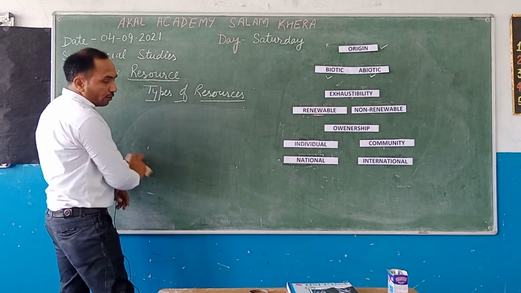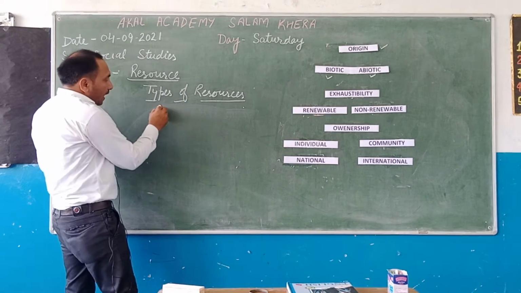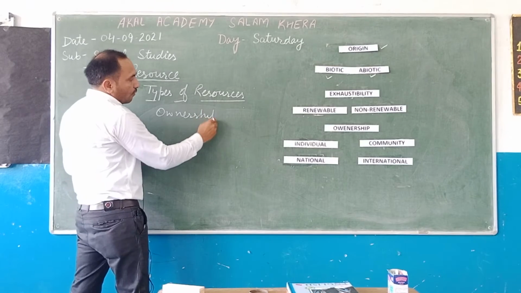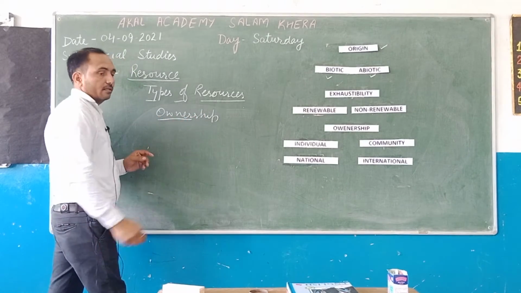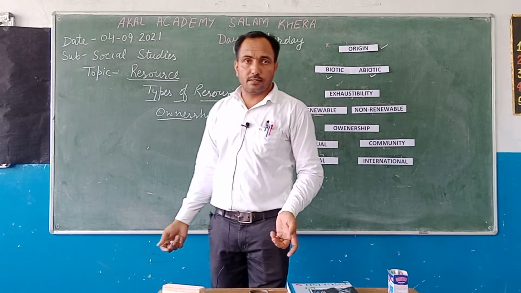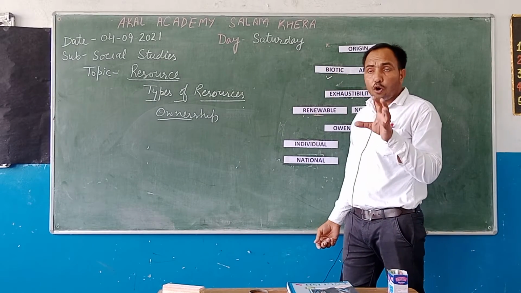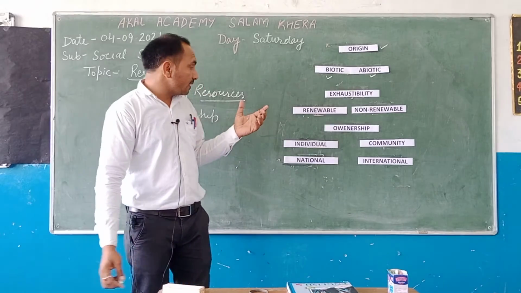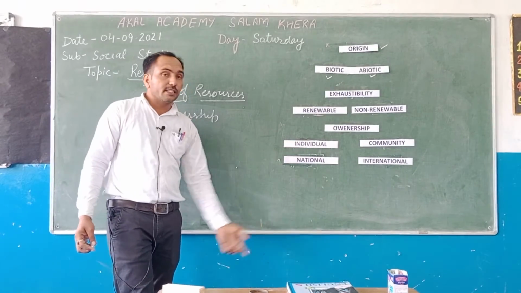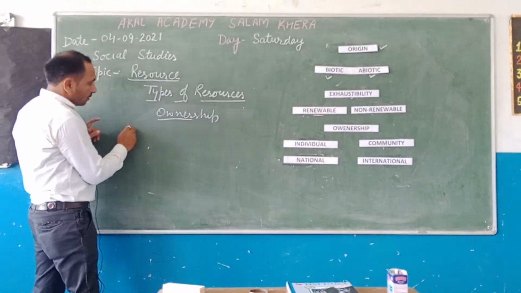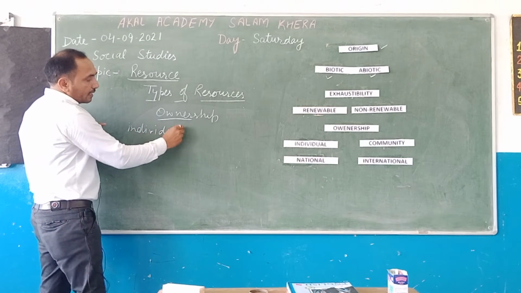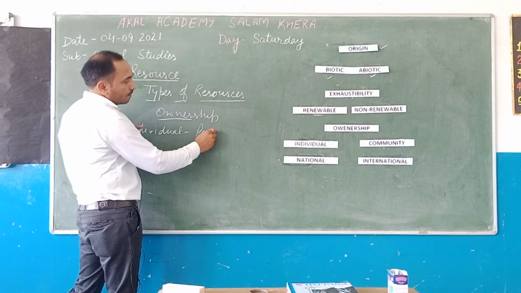On the basis of ownership, we can divide the resource into four types. First, see, the owner of a thing. Things which are owned and managed by a single person, where a single person is the owner, are known as individual, or we can say personal.